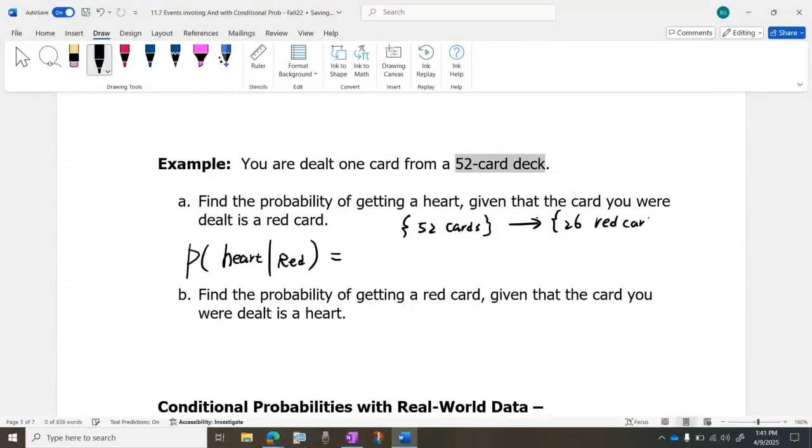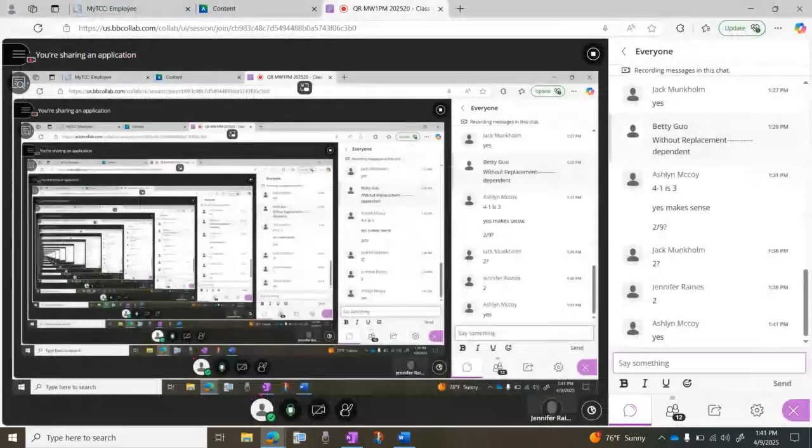That is the new sample space. Among the 26 red cards, how many of them are hearts? The 26 red cards have 13 hearts, 13 diamonds. So 13 over 26, a half, right? Is that understandable? Okay, awesome.